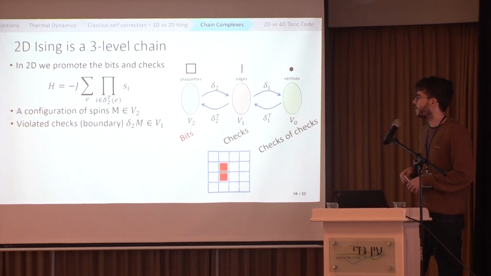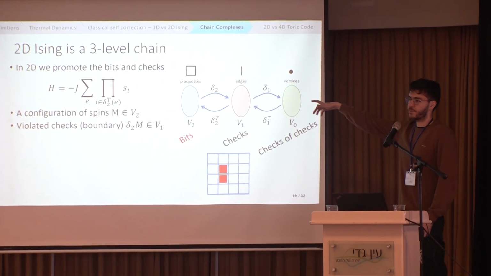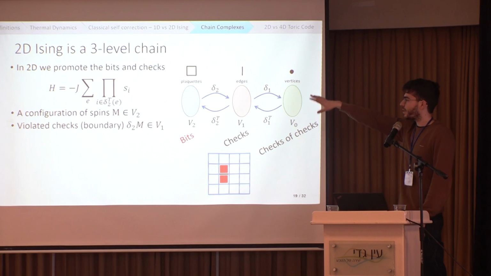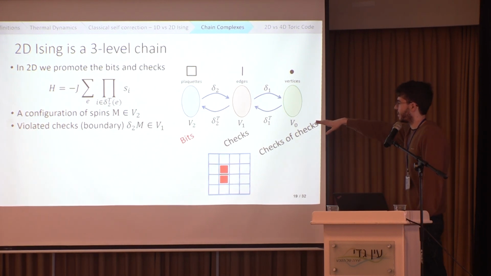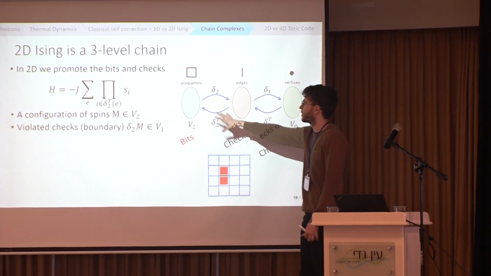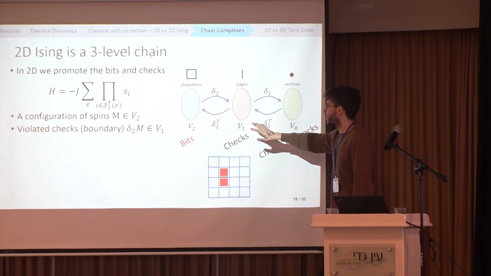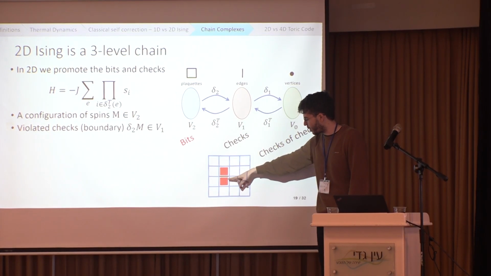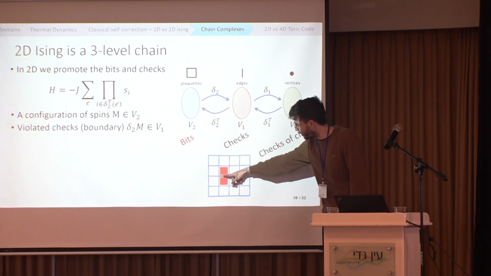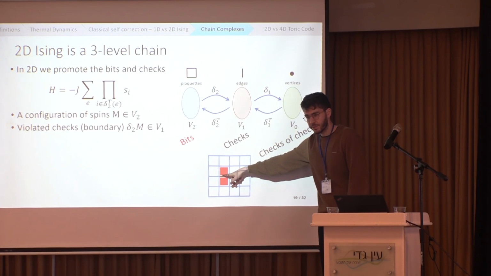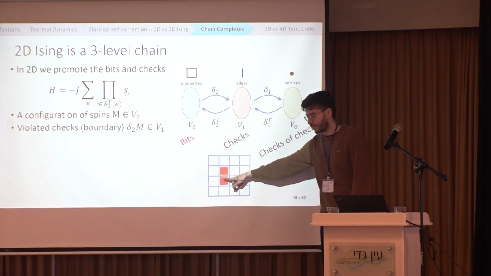We can do a similar thing with the 2D Ising, but now we promote the rolls. We put the bits on the plaquettes and the checks on the edges. Why is that? If we take the co-boundary of an edge, we get two spins and take the product.